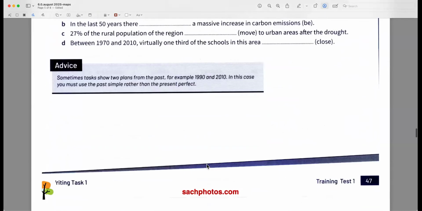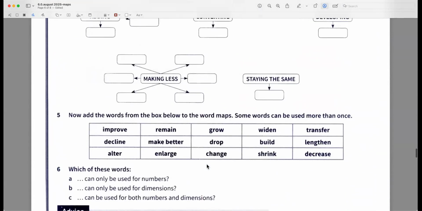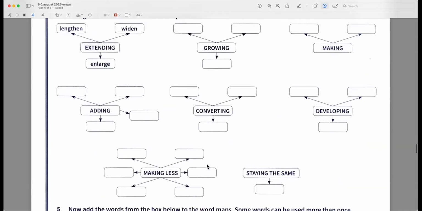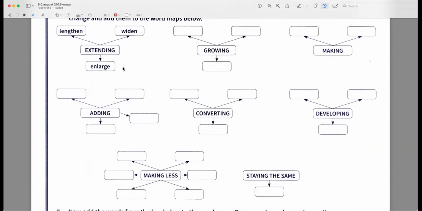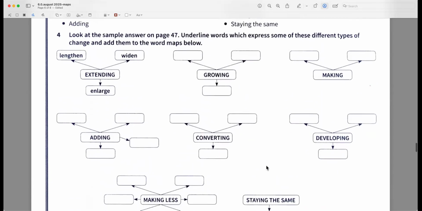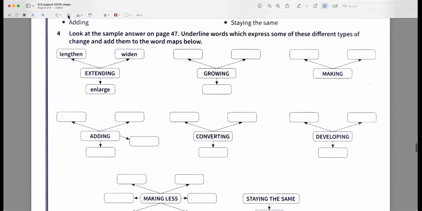Okay, everyone, now let's move on to page 48. Here are some vocabs, some verbs that you can use to describe in the body. They are already put into different categories: expanding, growing, making, adding, converting, developing, making less, staying the same. Okay, for growing, Ngọc, you will find some verbs to describe growing.